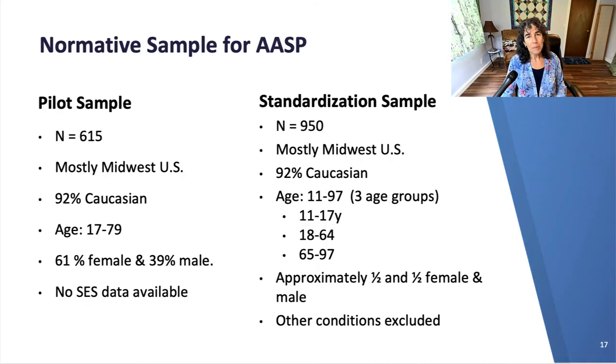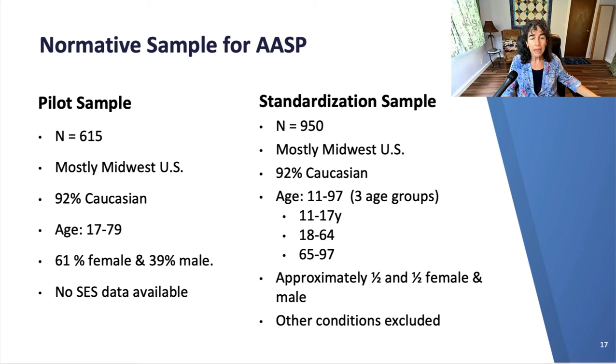So the AASP authors and developers took two different samples. They first had a pilot sample. When they were developing the instrument, they were like, I wonder how it works. So they found 615 people, mostly from the Midwest United States, because that's where Winnie Dunn and Catana Brown are from. 92% Caucasian. That goes with the demographic of the Midwest, potentially, but it's not very representative cross-culturally, right?